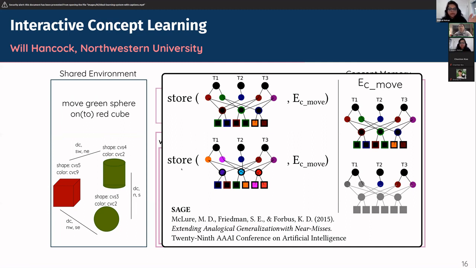So the instructor would give another demonstration corresponding to the word move, and slowly the analogical generalization process in SAGE starts to generalize away structure that's just incidental to your experience, right? That someone taught you moving with this green colored object, that's just incidental. That's not a definition of move. That's just incidental to the demonstration that you were given.